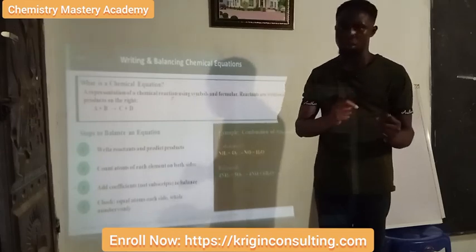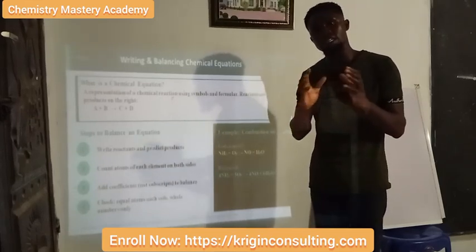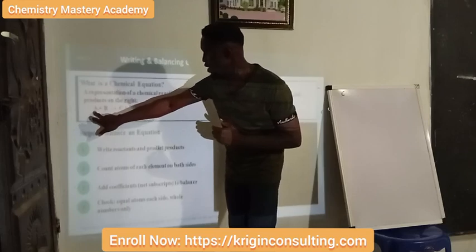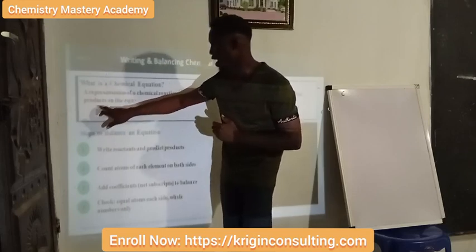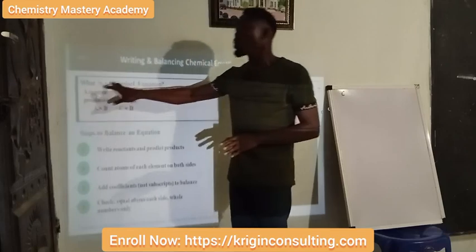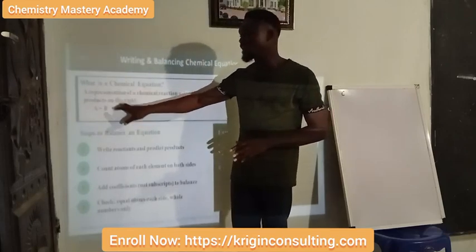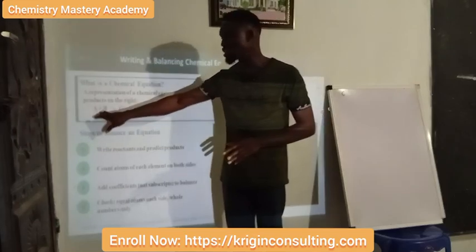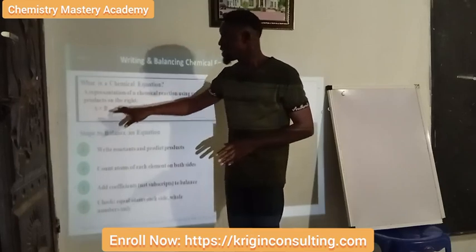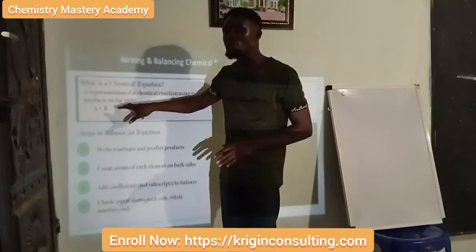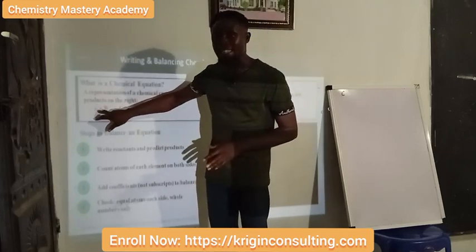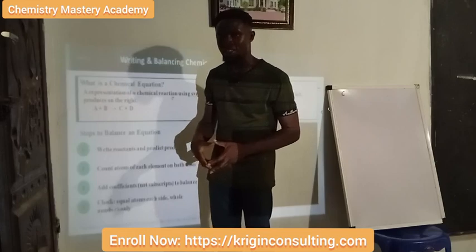The law of conservation of mass is basically saying that if you have this element and this element mixing together as reactants, when you want to form a product, the amount of the product that will be formed must be equal to the amount of reactants that were mixed together.